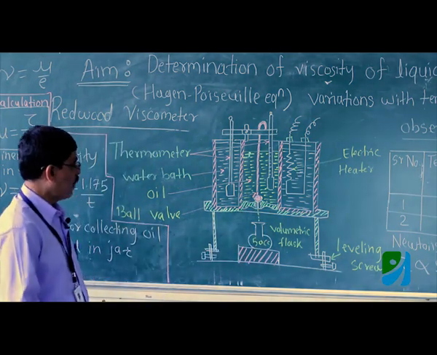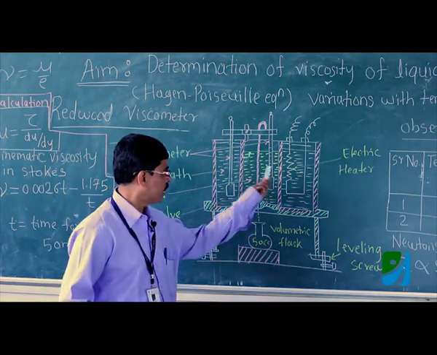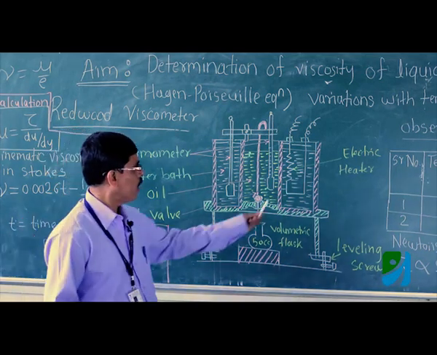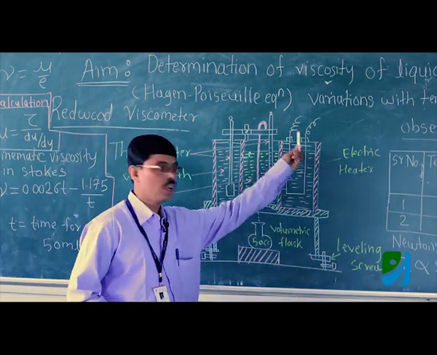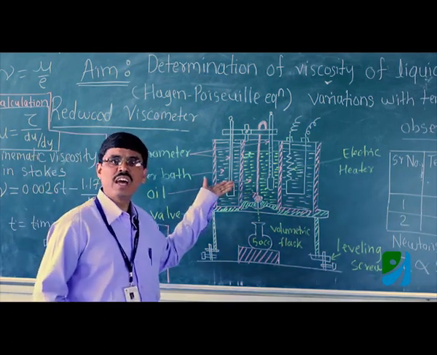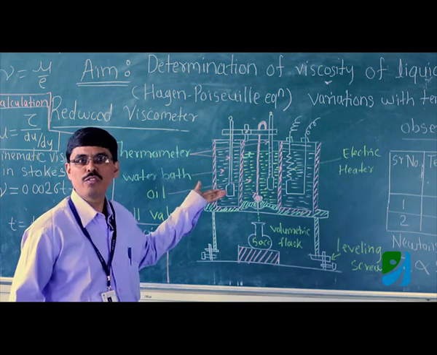The second part it carries is the water bath. Surrounding this vertical cylinder there is a water bath, which is used along with an electrical heater, so that you can see the variation of temperature for different fluids.